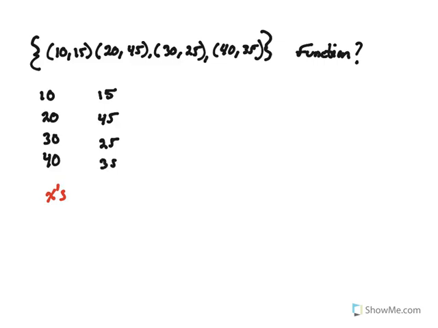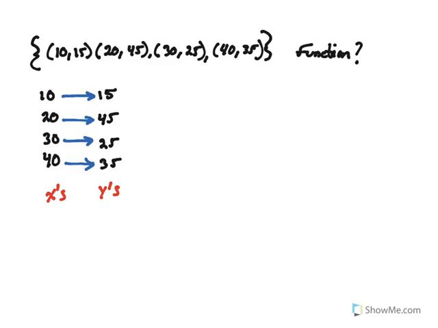and 35. Okay? So when you map these out, you're going to clearly see that, and these are the y values, by the way. You notice that each x value correlates to a different and only one y value. So there are no multiple productions. When x is 10, it's only producing 15.